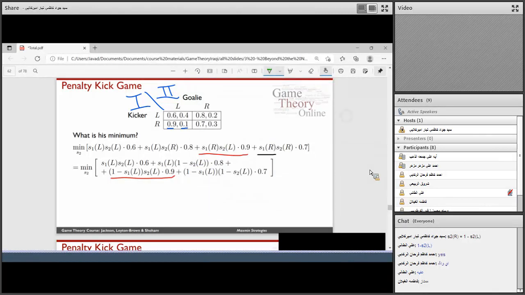So everything will be in terms of the left probability. As long as we have the probability for going left, we can easily calculate the probability for going right.